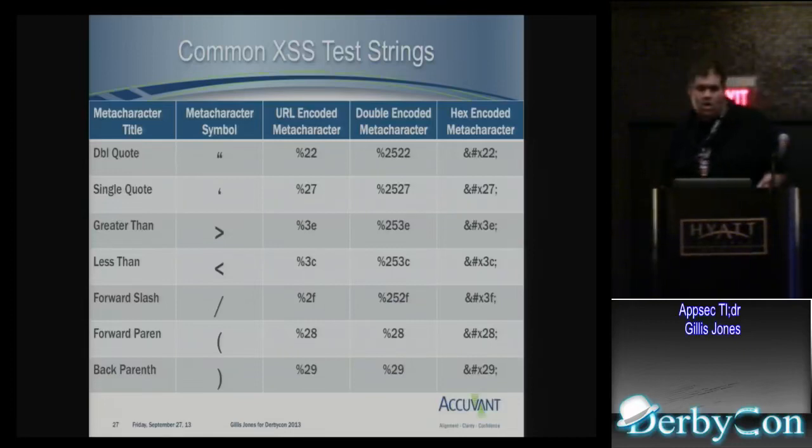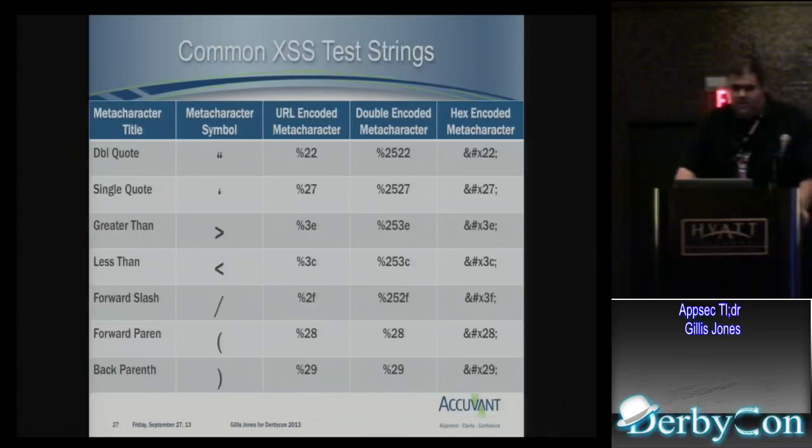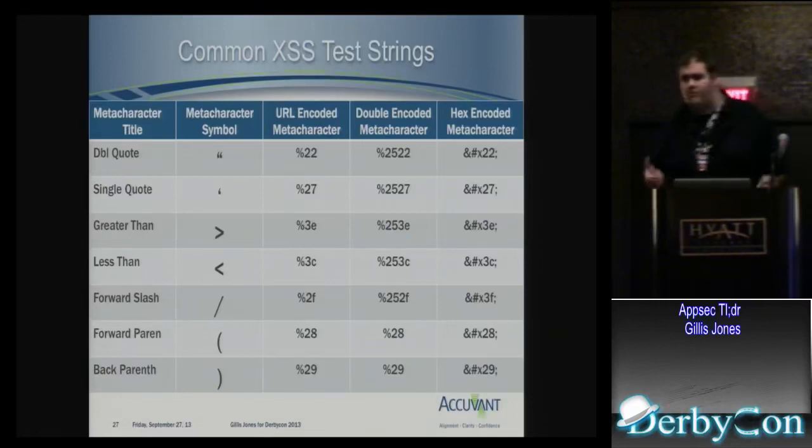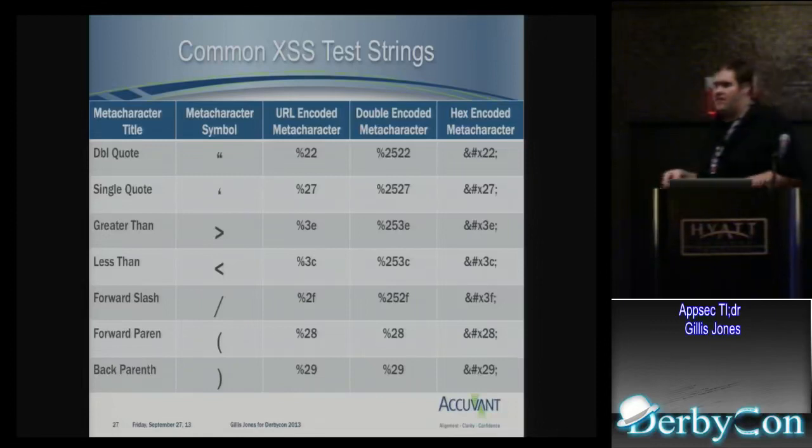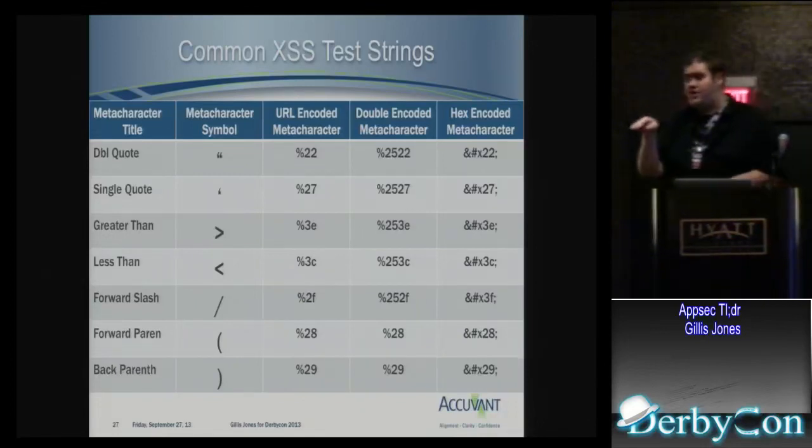So one method would be to just URL encode, because a lot of applications will HTML encode any entities that are provided unencoded to the server. But if you provide a level of abstraction between the initial encoding and the next one, it's kind of an iterative process. So maybe they only do one iteration of output encoding.